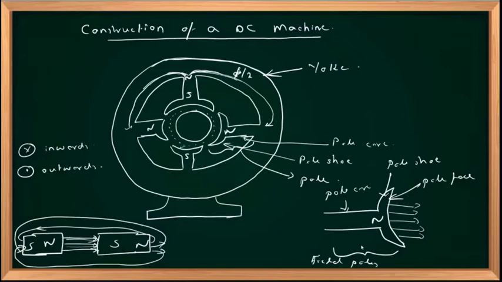So on the upper side, the current will be coming out of this plane, which is shown by dot signs, and here it is going inside. Right.